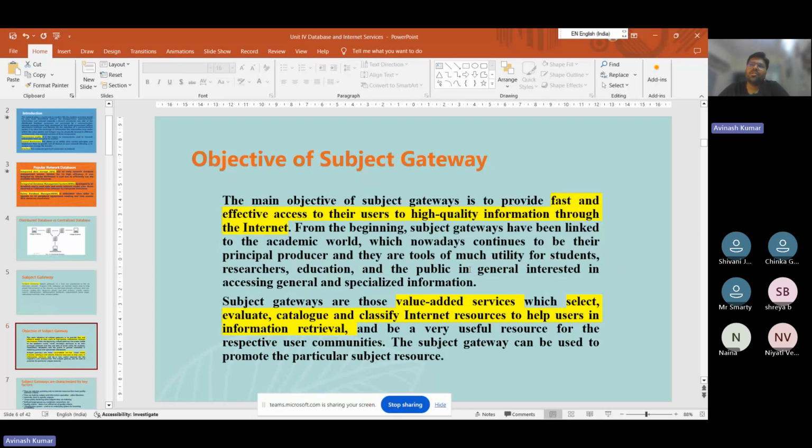You can find that every subject has a different subject gateway, and you can get access to their information. Okay, so what are the value added services? Select, evaluate, catalog, and classify internet resources to help users in information retrieval, right?